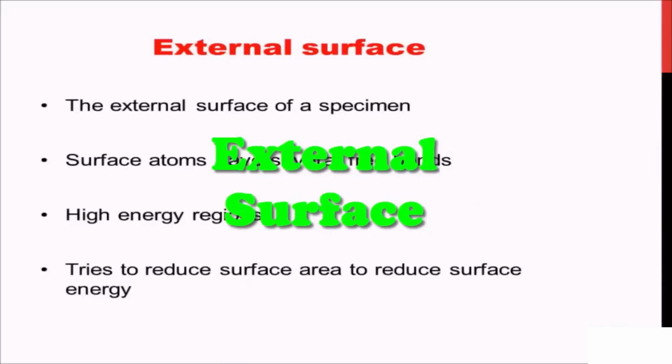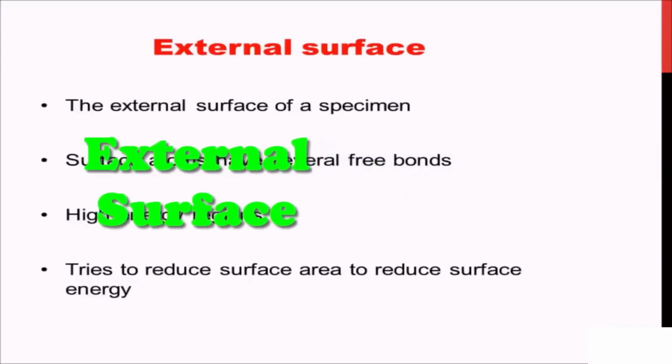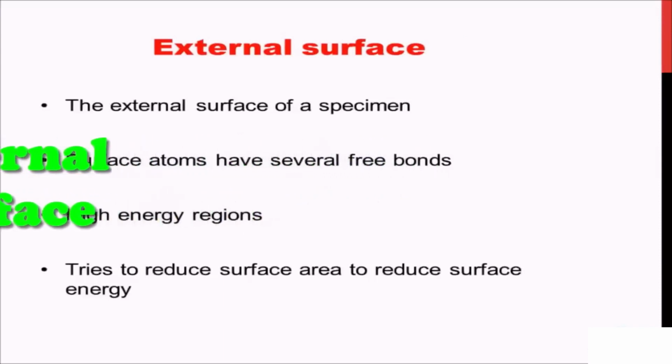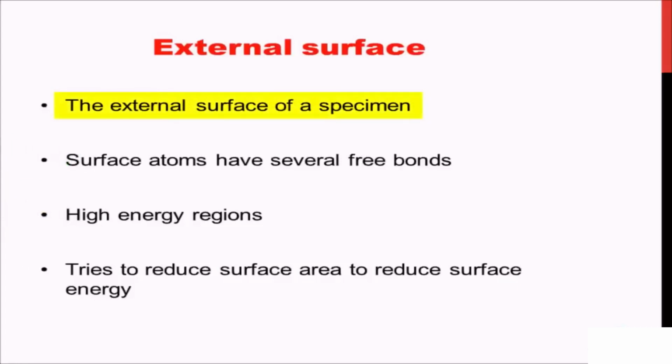As the name suggests, and as I said, the external surface is basically the ending of the specimen, right? The external surface of the specimen. Normally, if there is an atom, it will have a coordination number.